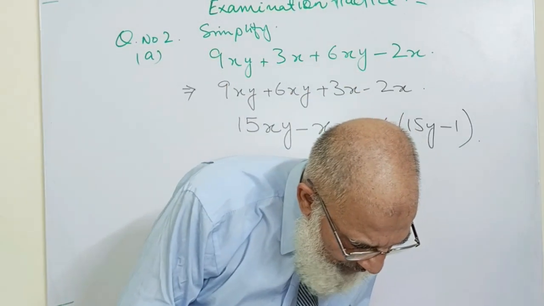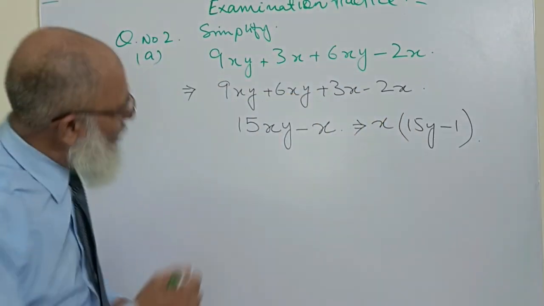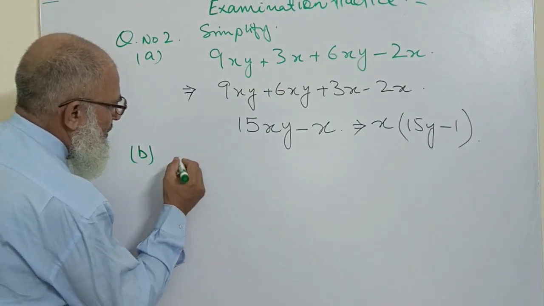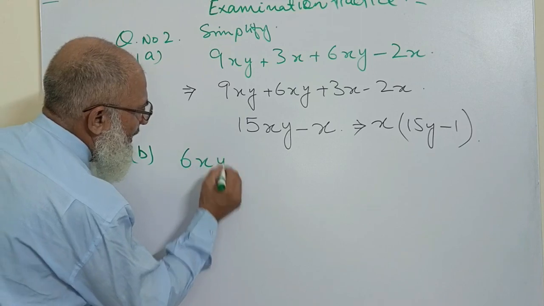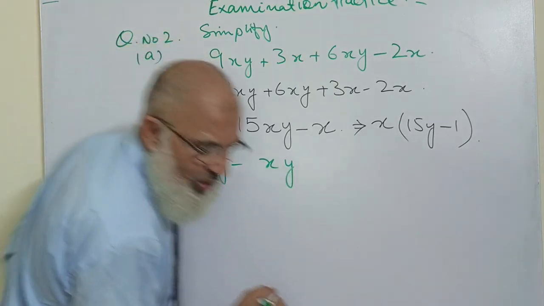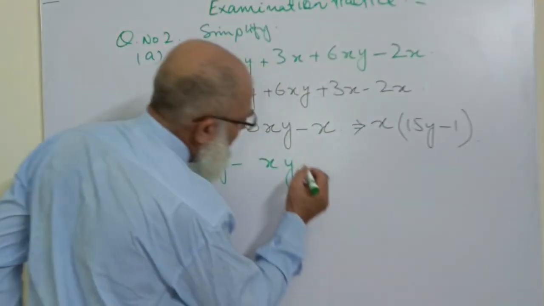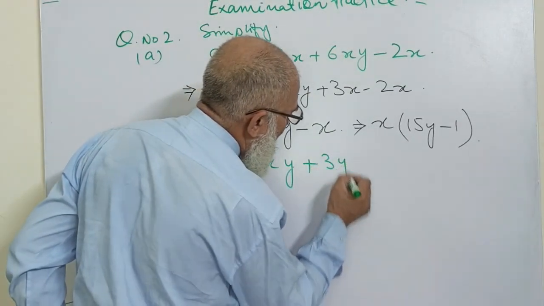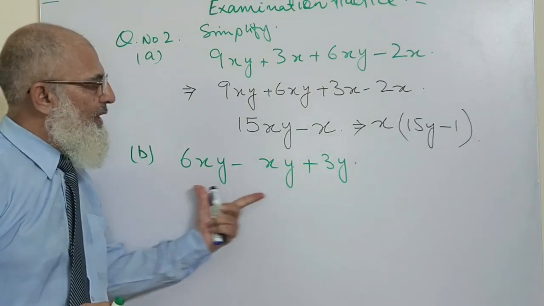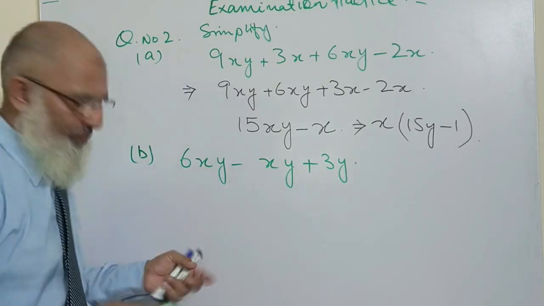Question part 2, B: 6xy minus xy plus 3y. Now it is already arranged over here.